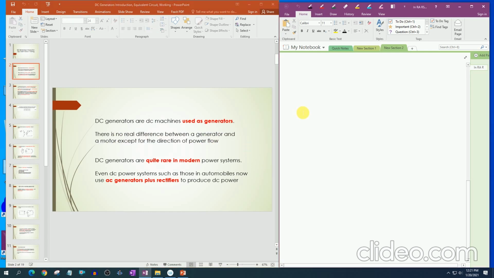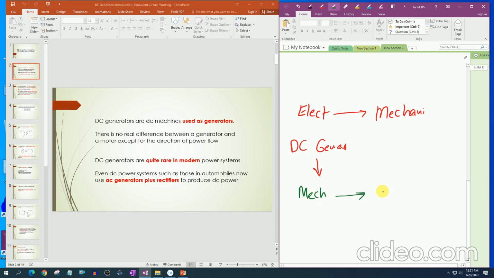In a DC motor, electrical energy is converted into mechanical, whereas a DC generator converts mechanical power into electrical.